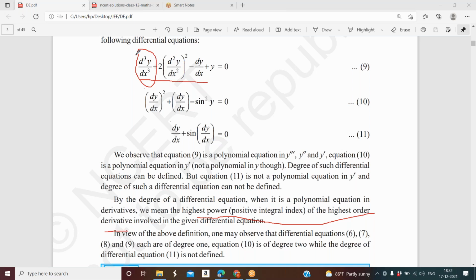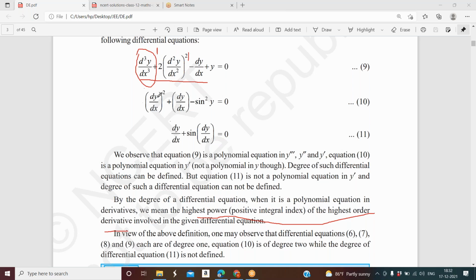Now see the highest power of this highest order derivative. It is 1. Even though we have d square y by dx square raised to the power 2, we will not consider that. We consider only the highest order derivative, so its power is 1.